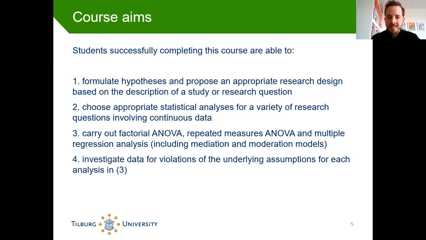We'll also look at investigating data for testing violations of underlying assumptions for each of those different analyses. You might remember from previous statistics classes that you can very easily carry out an analysis in SPSS. If you have a data set, you can just run the analysis.